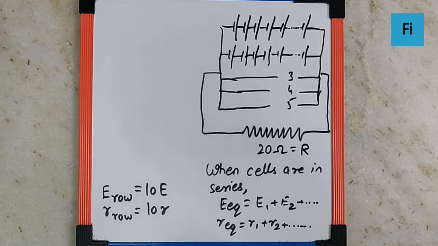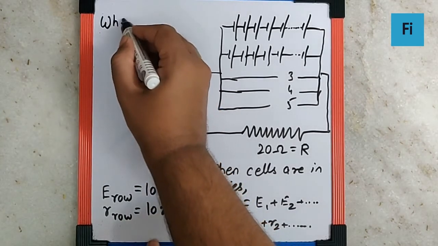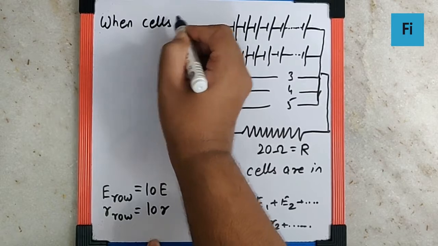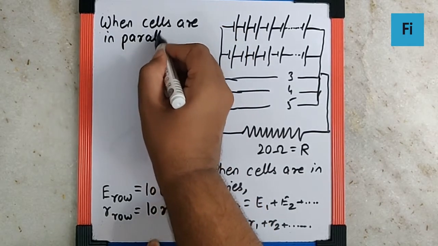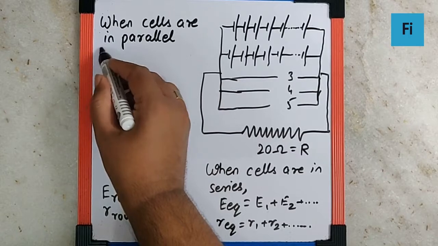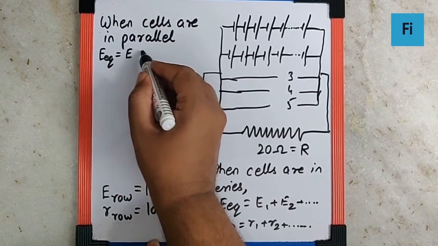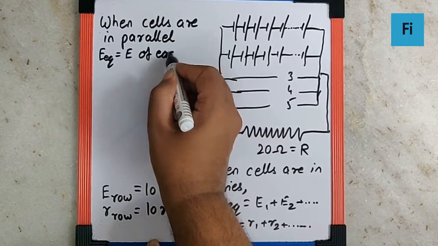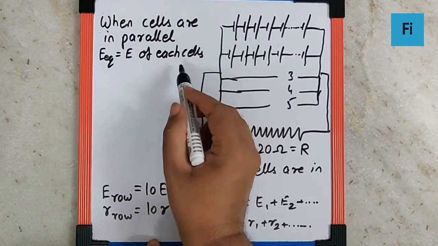because there are 10 cells in series. Now when cells are in parallel, we can say E equivalent is equal to E of each cell, provided each cell connected is of the same EMF.